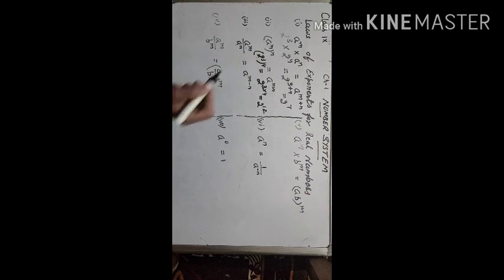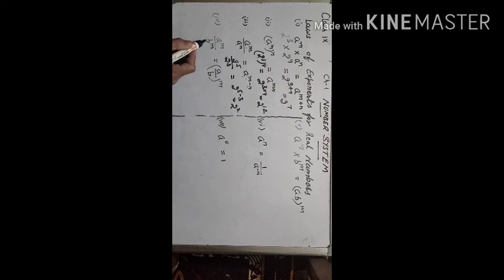When base is same, a to the power m divided by a to the power n, then it becomes a to the power m minus n. Suppose 2 to the power 5 divided by 2 to the power 3, that means 2 to the power 5 minus 3, that is equal to 2 to the power 2. And fourth law is a to the power m, b to the power m.